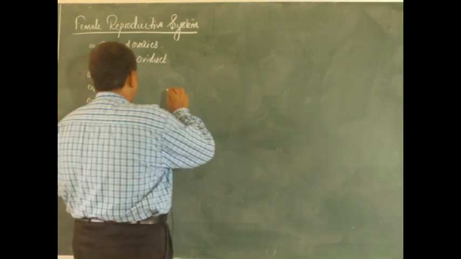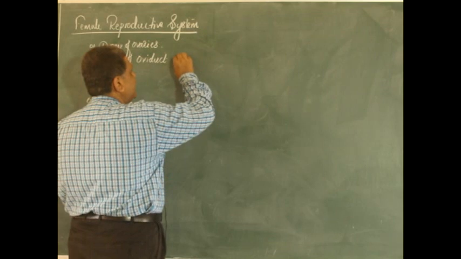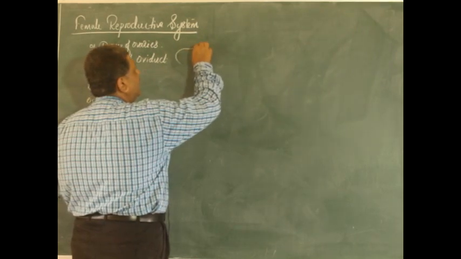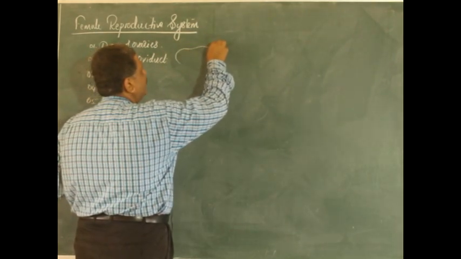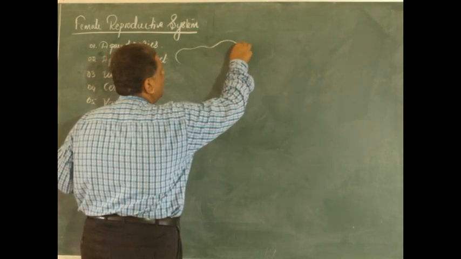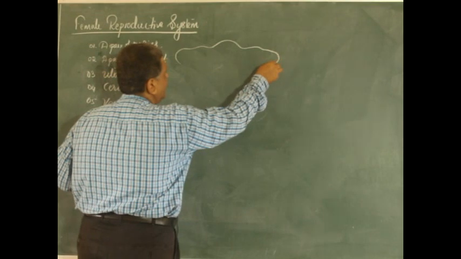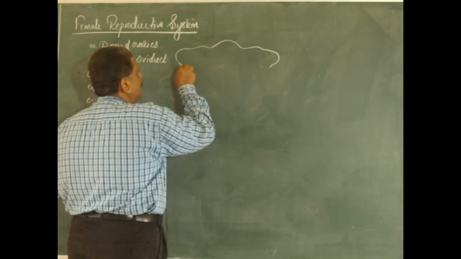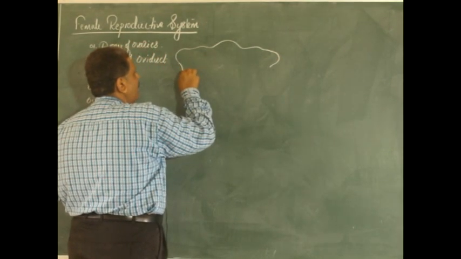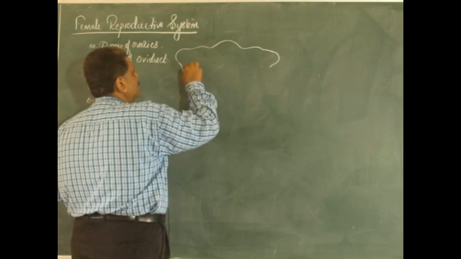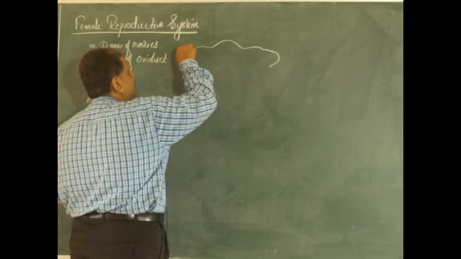So, in female reproductive system, you can see the fallopian tube and the uterine portion, and also you can see the presence of finger-like projections at the end of the fallopian tube.